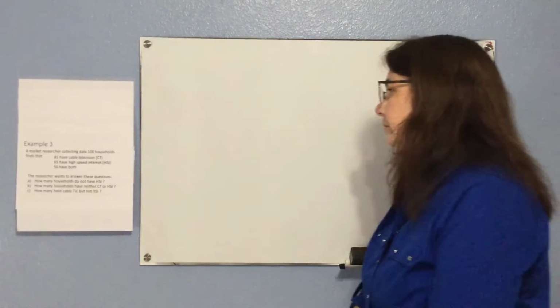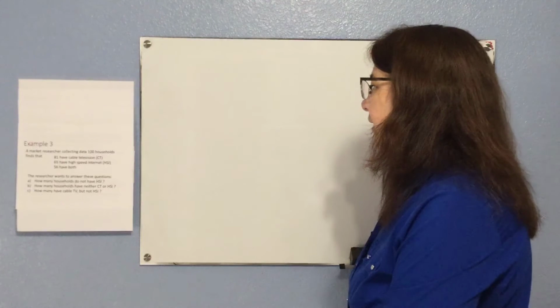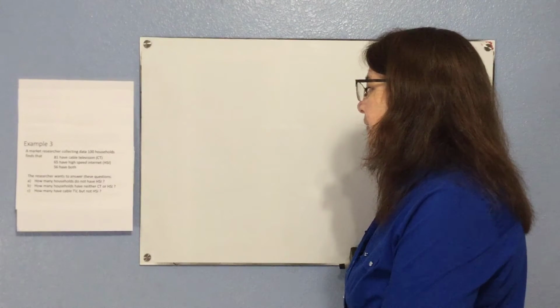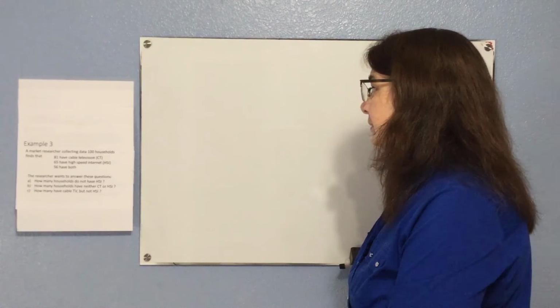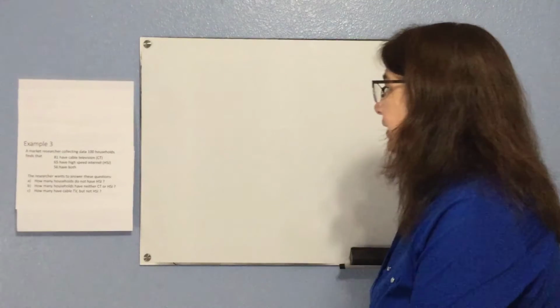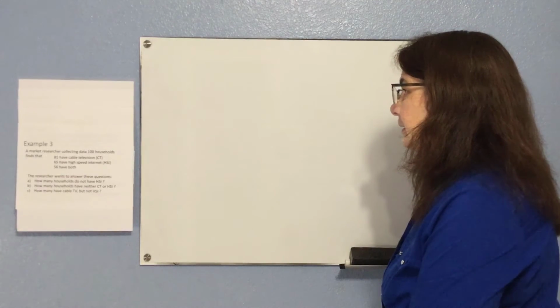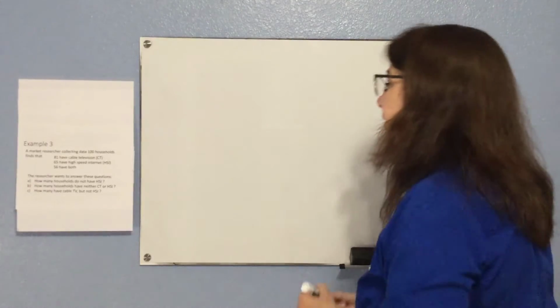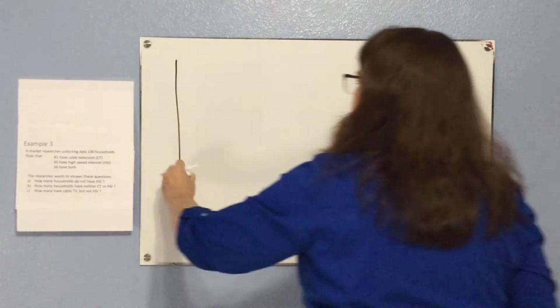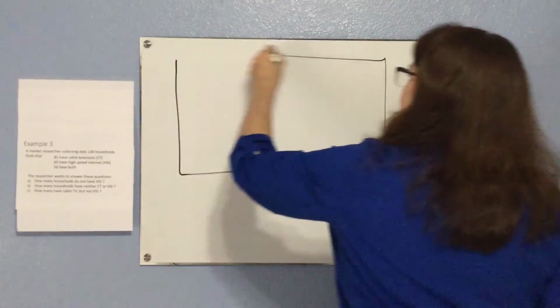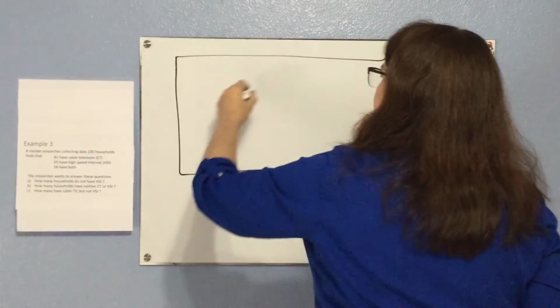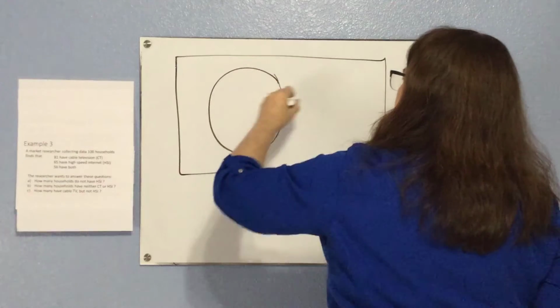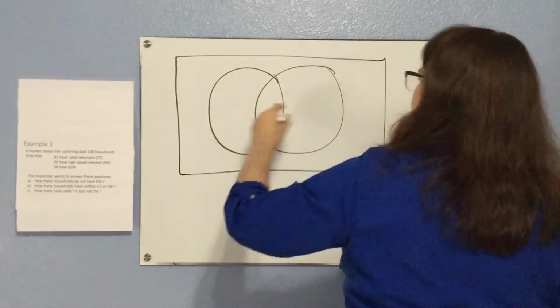A market researcher collecting data on 100 households finds that 81 have cable television, 65 have high-speed internet, and 56 have both. So let's build a Venn diagram. We have 2 things that we're looking at: cable television, high-speed internet.